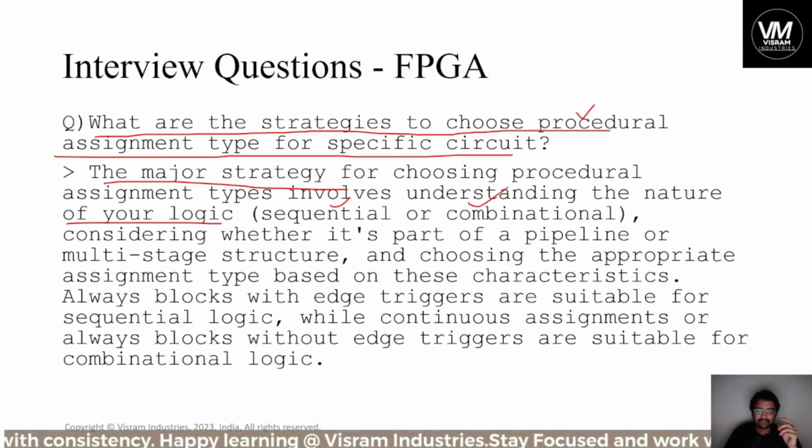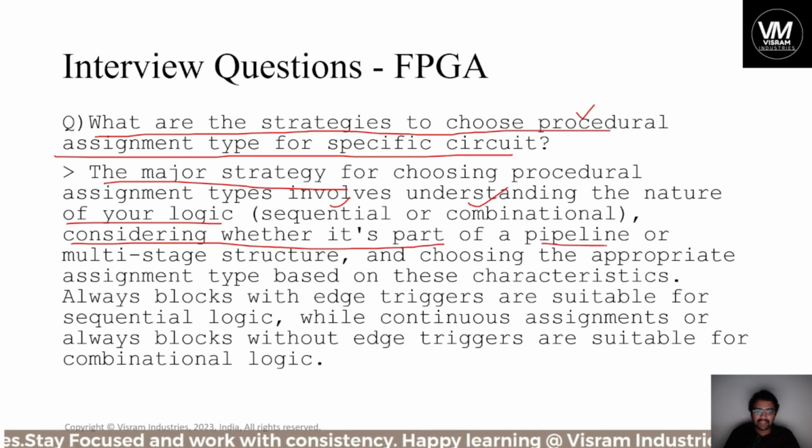For example, if you are implementing a memory design, it's a sequential logic, and if you are implementing a multiplexer, an AND or OR logic, or an ALU, that is combinational, and considering whether it's part of a pipeline or multi-stage structure.